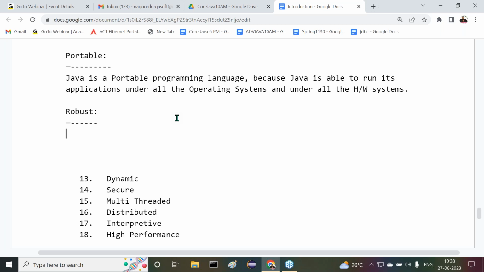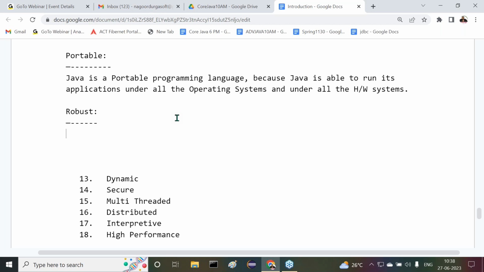If any programming language is very good at memory management system and at exception handling mechanisms, two points I'm telling you, then that programming language is a robust programming language.